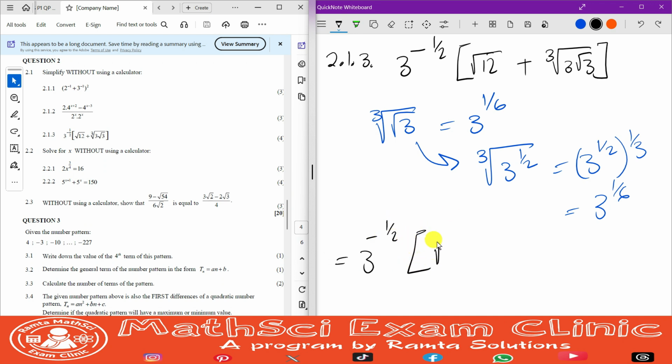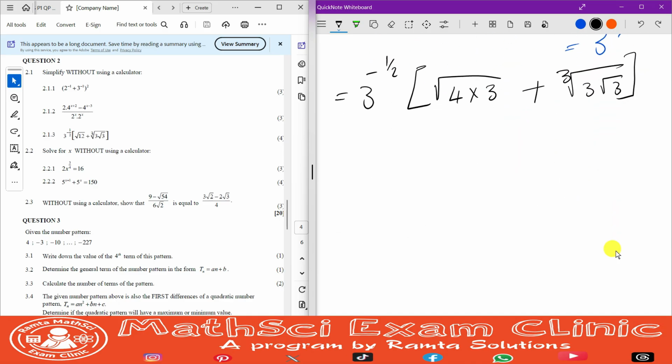The square root of 12 is the same as, say, 4 times 3 plus this cube root of 3 root 3.